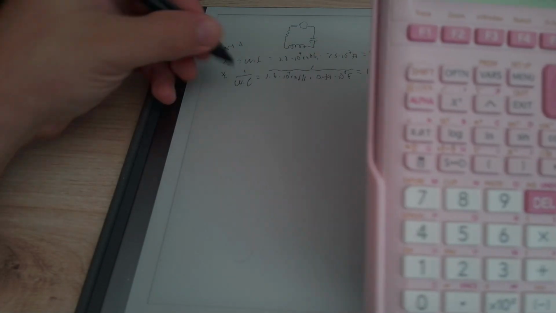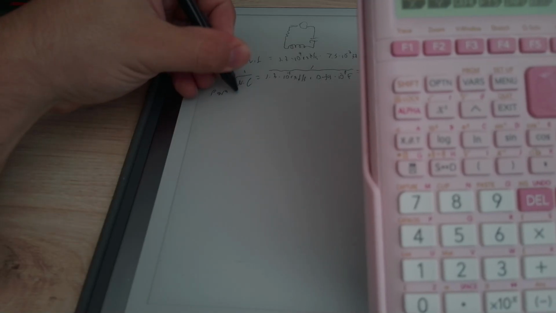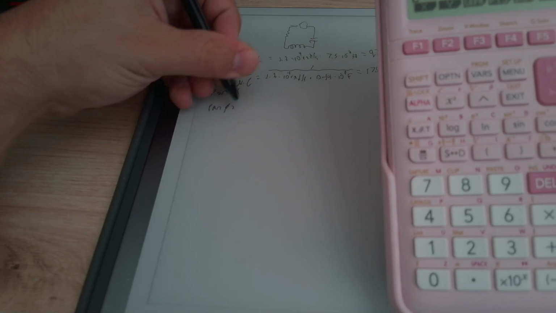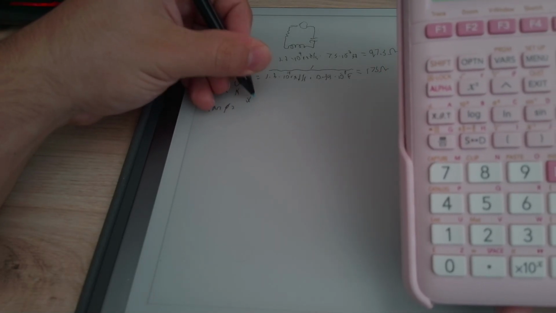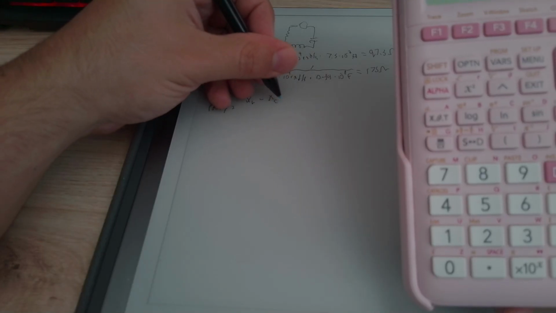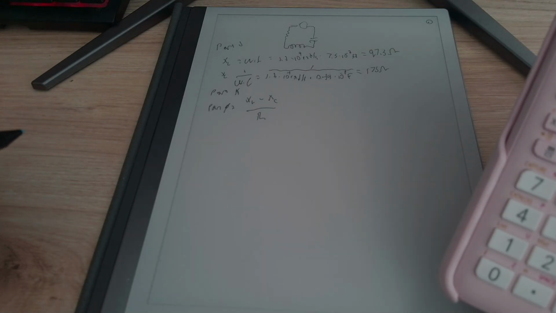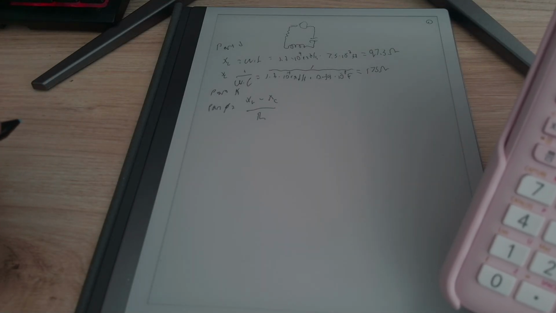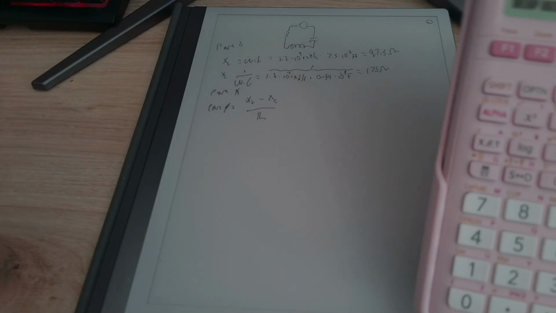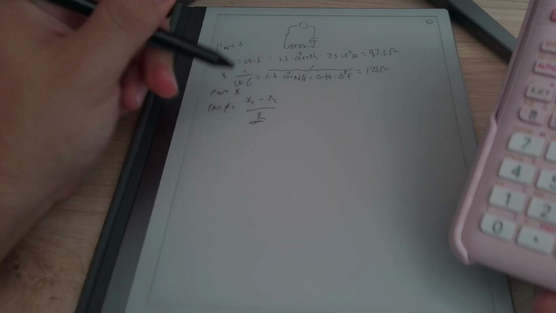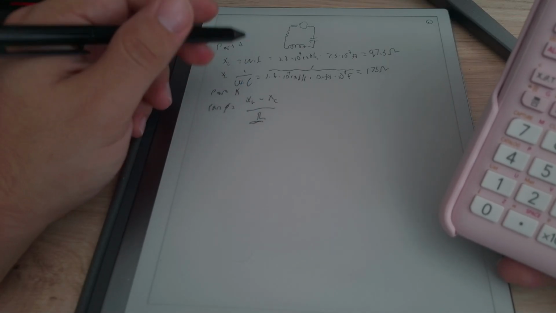Okay. And then for part K, it's going to ask us to find the phase angle, which we know is tangent phi is equal to XL minus XC over R. But the tricky thing is that we haven't been given what our resistance is, so we can't figure it out using this formula.